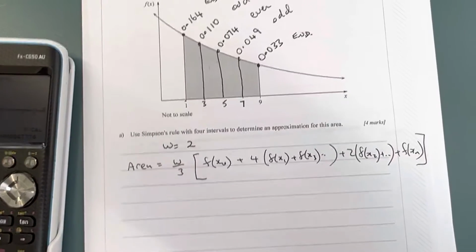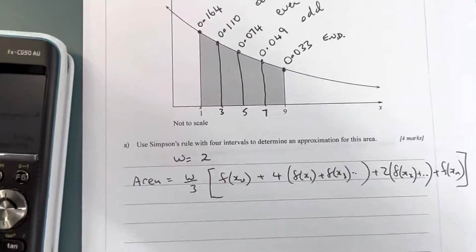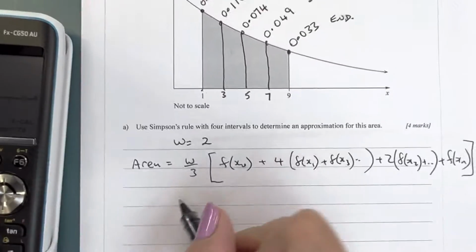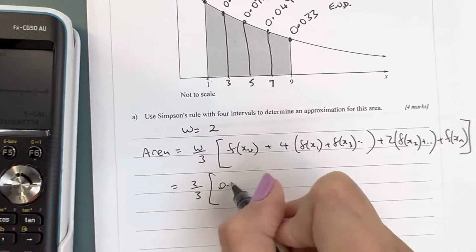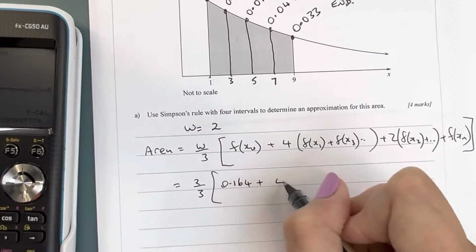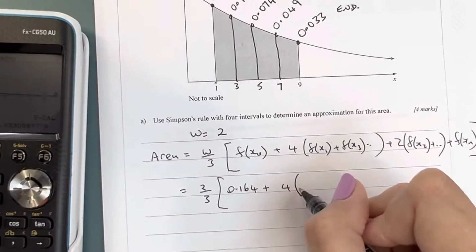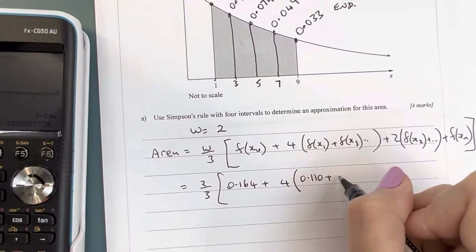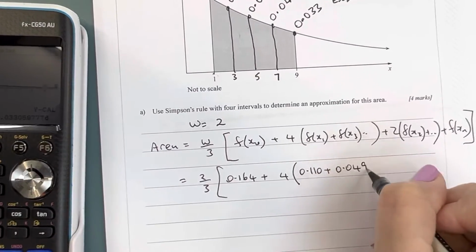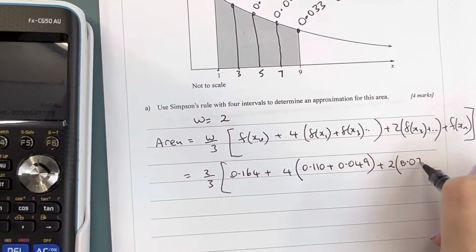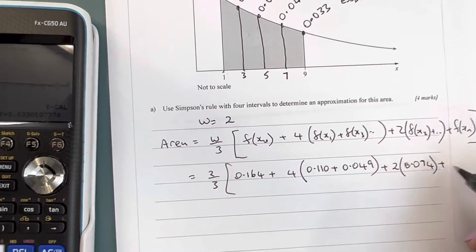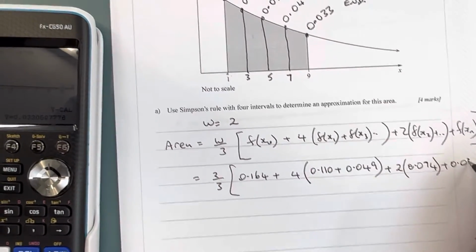In class we talk about our odds and our evens. So this is going to be 2 over 3 outside of 0.164 plus 4 times my odds, 0.110 plus 0.049, plus twice 0.074, plus 0.033.